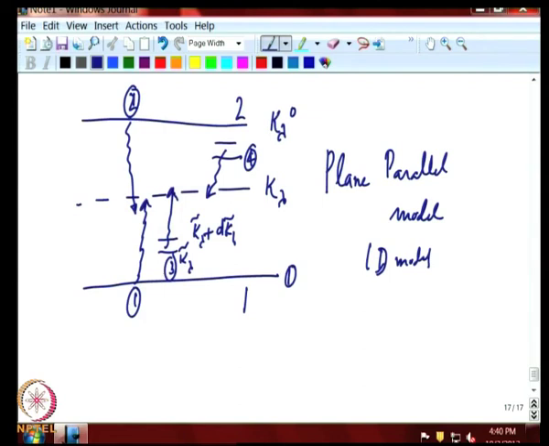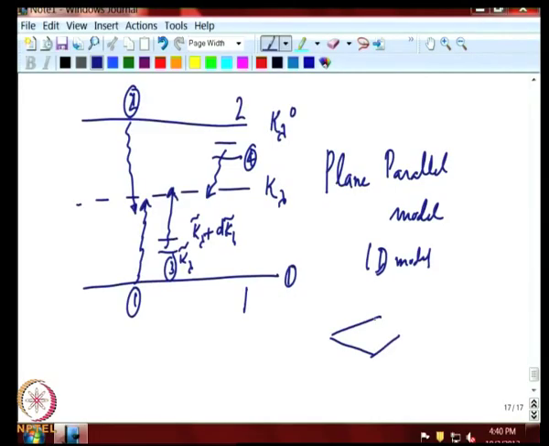So, this works quite well in many situations, but if you have, for example, a cubical enclosure with gas in it, then this is not a good approximation.